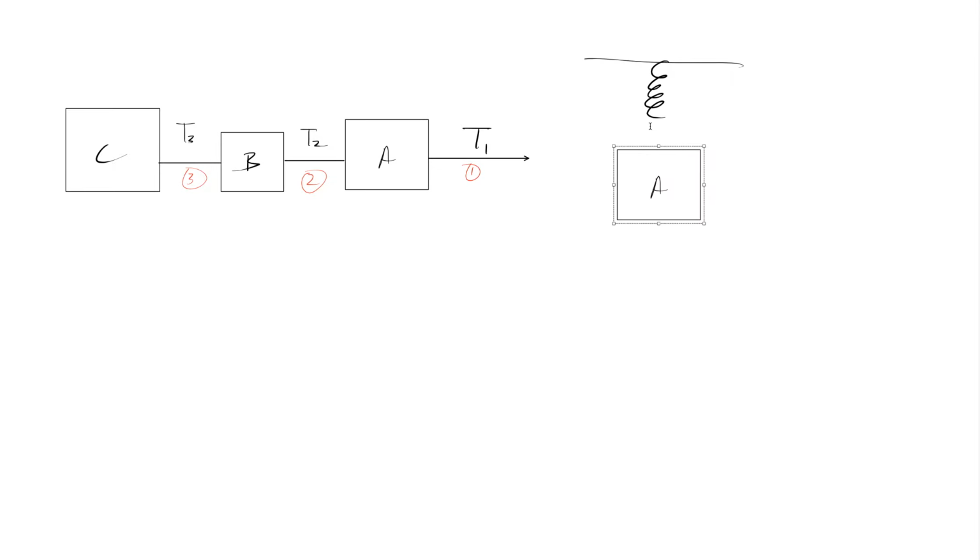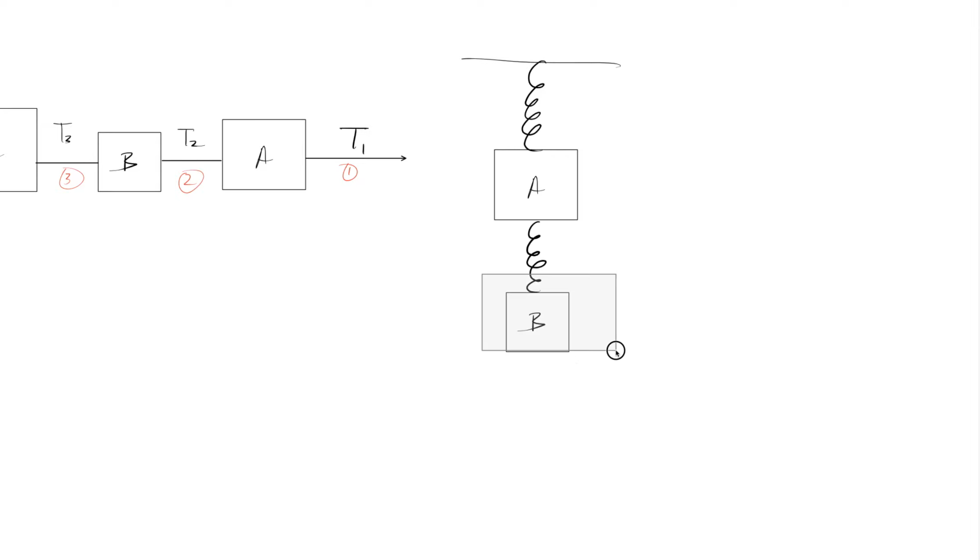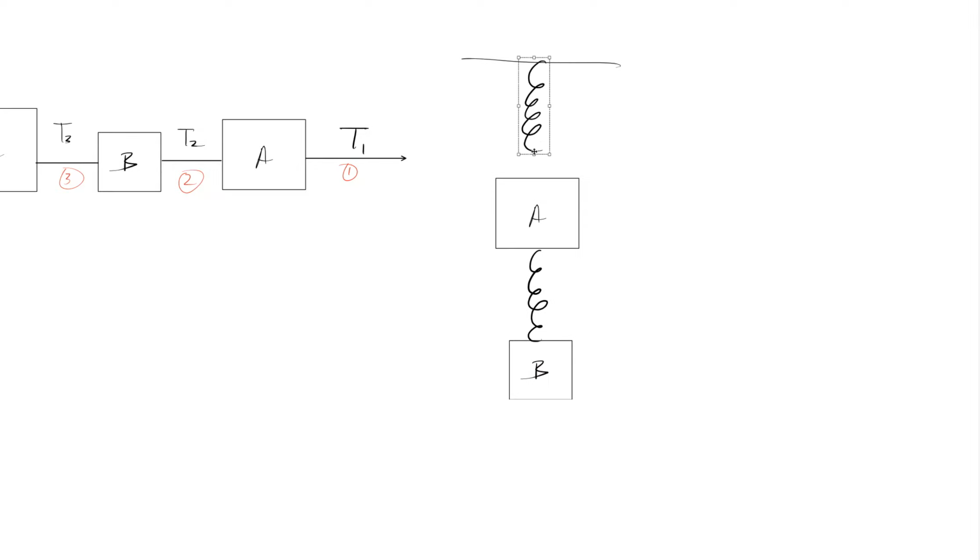I think it's fairly reasonable to understand that the spring would stretch until it comes to an equilibrium. Now let's say we add another spring here, and then we add our mass B. When we add mass B, that will cause the second spring to stretch a little bit, but now the first spring is going to stretch even more, because the first one not only has to support A, but it also has to support B.